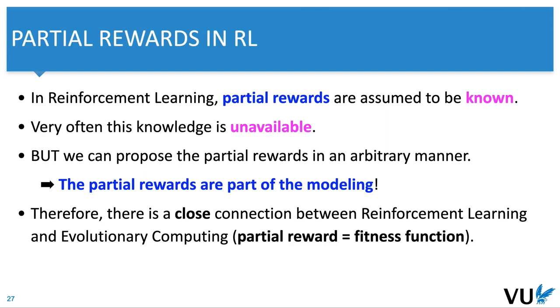But these days it turns out that actually these connections are very close, and evolutionary computing, as you saw in previous lectures, is very competitive compared to reinforcement learning, and actually it turns out that it works sometimes even better. So there is, for instance, at Google right now, a team that works on evolutionary computing instead of reinforcement learning, and they get very good results.